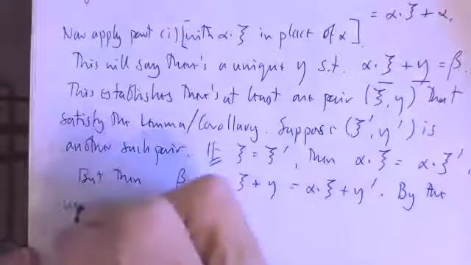So this was under the assumption that xi equals xi prime. So all we have left is to show that xi equals xi prime.